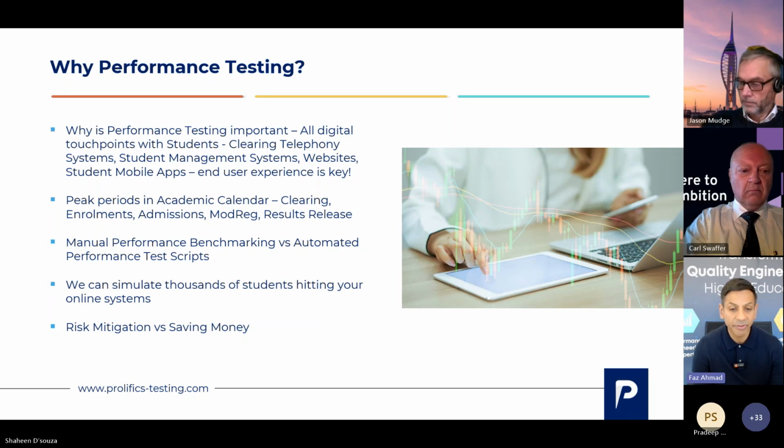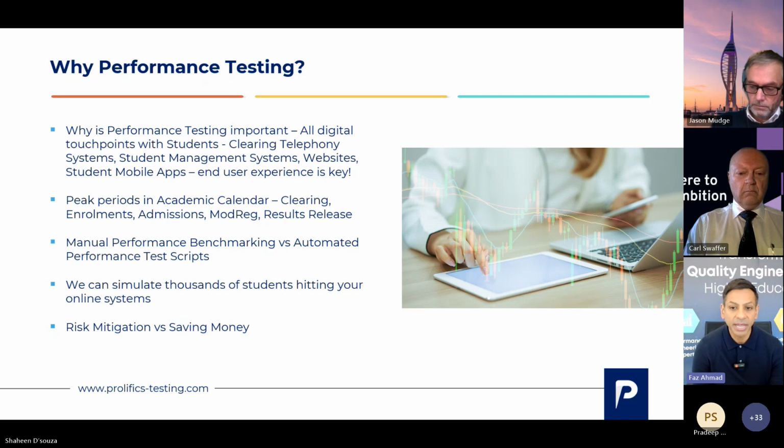At Prolifics, we've worked with over 40 universities on their digital performance. We test everything from telephony systems in preparation for clearing period, or student management systems when universities are preparing for enrolments, admissions, module registration, and results release, through to learning management systems to ensure that students can undertake assessments.